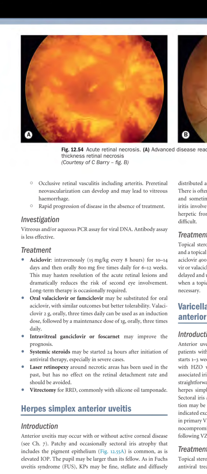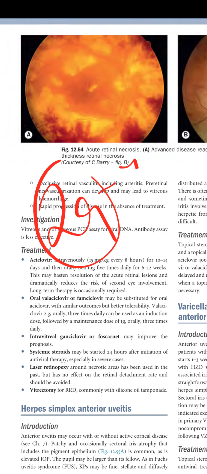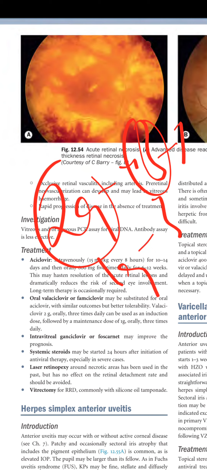Valacyclovir 2 gram orally 3 times daily can be used as an induction dose, followed by a maintenance dose of 1 gram orally 3 times daily. So basically you can give valacyclovir 2 gram 3 times daily, and after that you can give 1 gram 3 times daily.